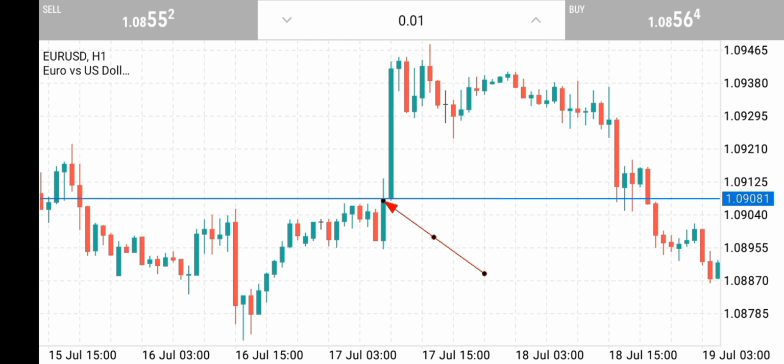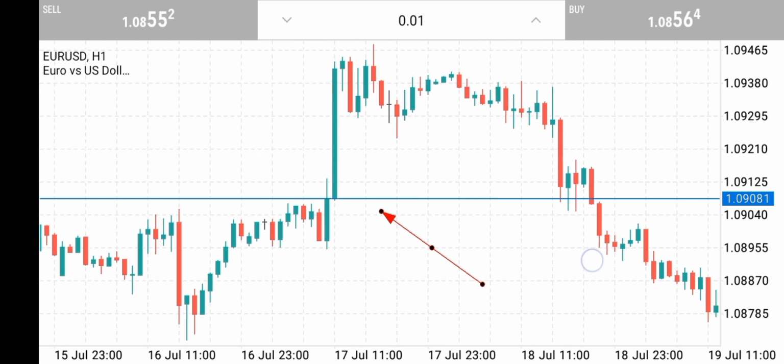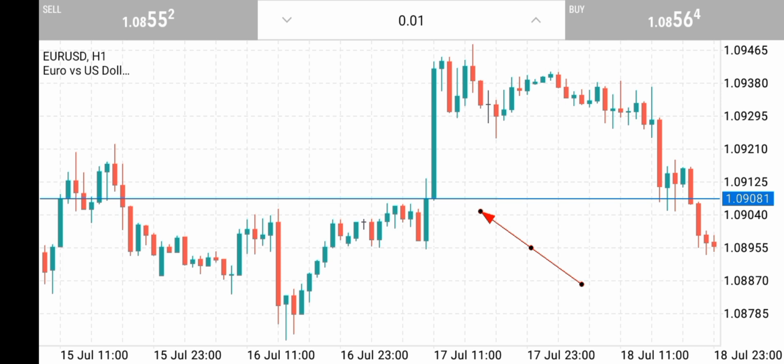However, there are some traders who are students and there are some traders who still have other work. Probably they are career persons and they are into other career paths, so they will not have all the time to stay on the chart and spot buy or sell entry. For example, I'll be giving an example.